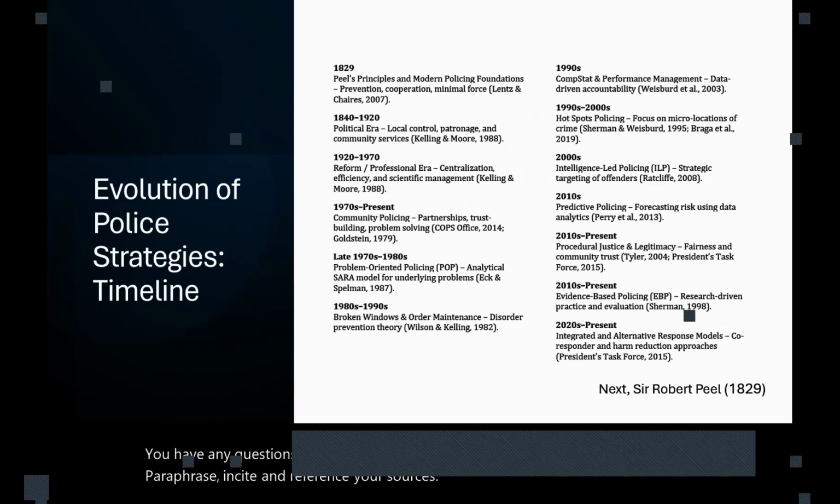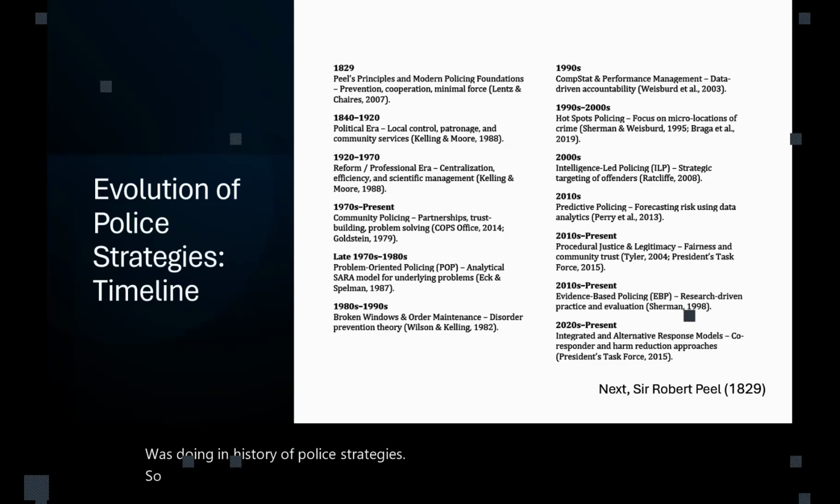All right. Now, first thing the person talked about was doing a history of police strategies. So here's an example of the evolution of police strategies. By no means is this list all encompassing.